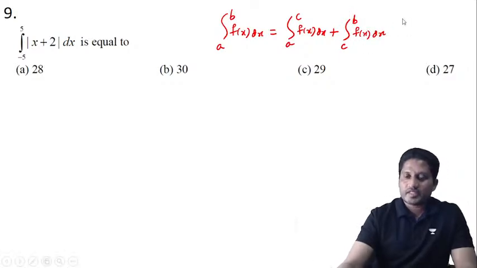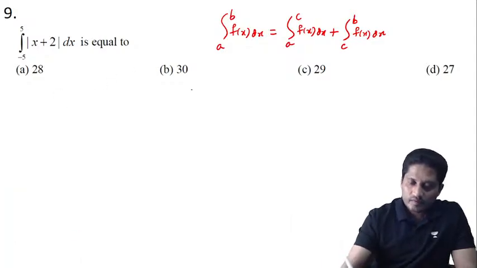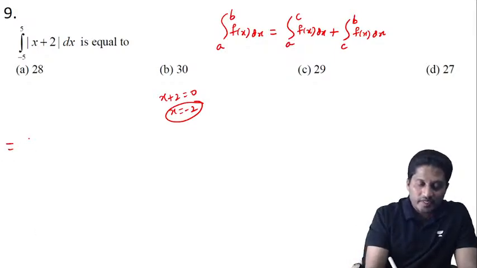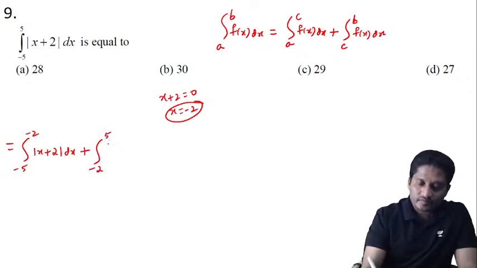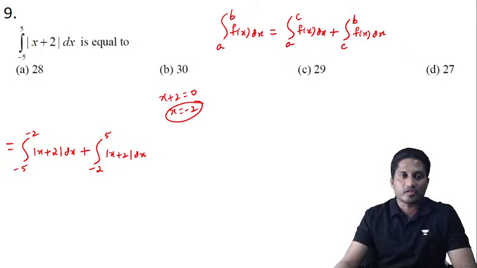A to B should be written as A to C and C to B. If I equate x plus 2 to 0, x is equal to minus 2. Now A to B, I can write as A to C, that is minus 5 to minus 2 of mod of x plus 2 dx, plus C to B, minus 2 to 5, of mod of x plus 2 dx.